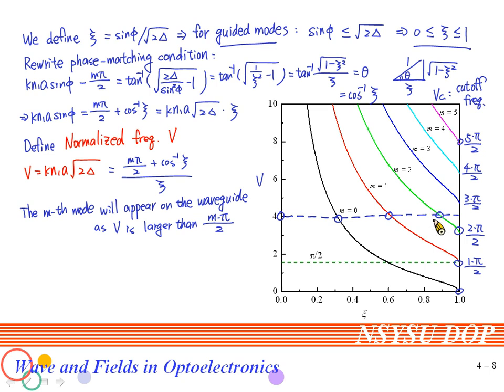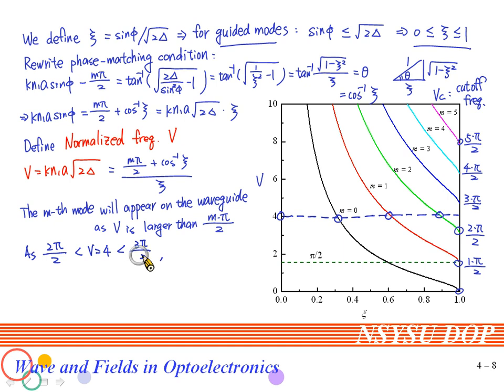Besides, you can see that the normalized frequency V, which is 4, I shall write it like this, is smaller than 3 pi divided by 2 and larger than 2 pi divided by 2.